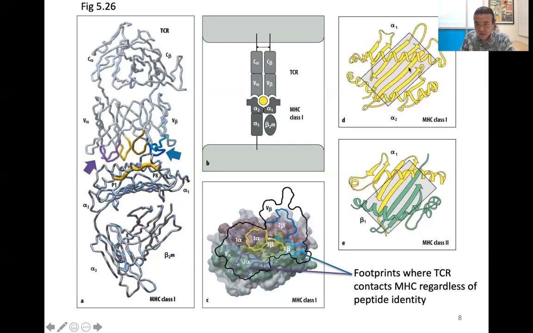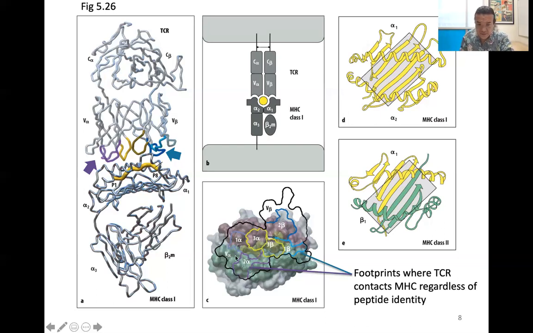So again, you can look up here as a reminder, right? MHC1 has the two sides of the cleft. MHC2, right? It also has two sides of the cleft. And in here would be the peptide laid across, which isn't shown in this set of cartoons on the right. The outlines on this are the footprint, or the shadow, of where the T cell receptor is coming down and pressing up against the surface.